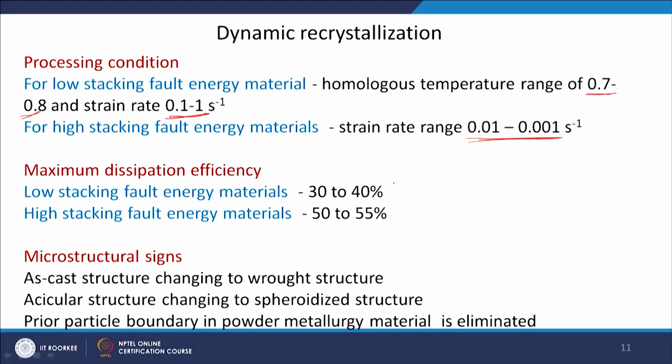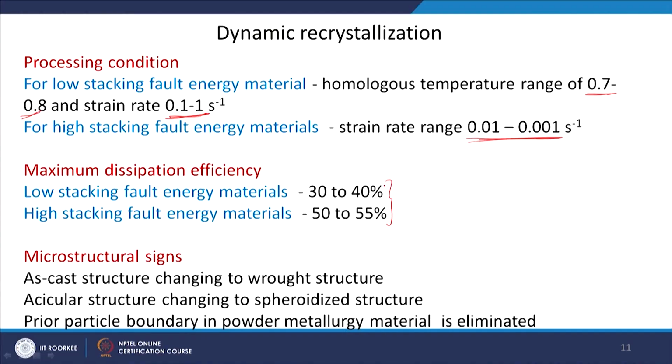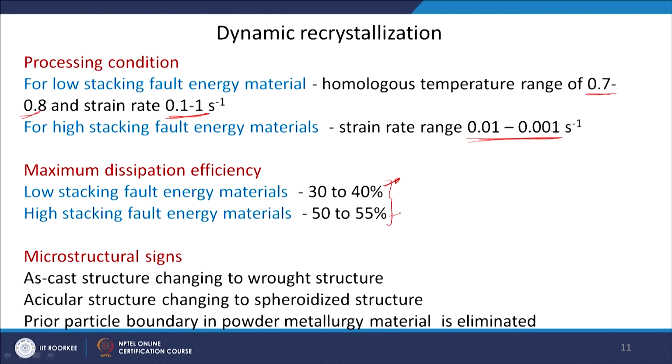If you want to talk in terms of maximum dissipation efficiency, just to know what efficiency we should aim for: for low stacking fault energy materials, if you are getting 30 to 40% efficiency, you should be in the dynamic recrystallization domain. Okay. And if you have a high stacking fault energy material, like aluminum and so on, the efficiency should be in the range of 50 to 55%.